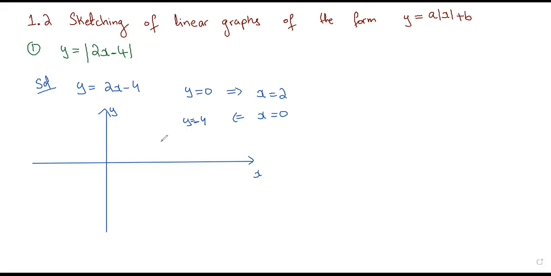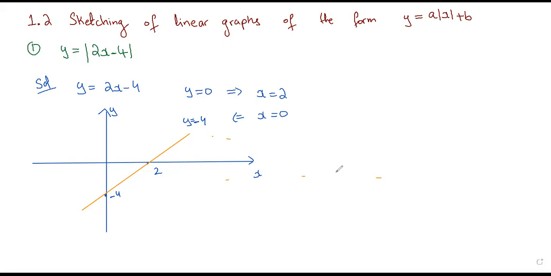Okay, so it means on the y-axis the value would be minus 4, and on the x-axis it would be 2. Let me make the line quickly now. So the line would be made by connecting these 2 points. This is basically going to be the line.